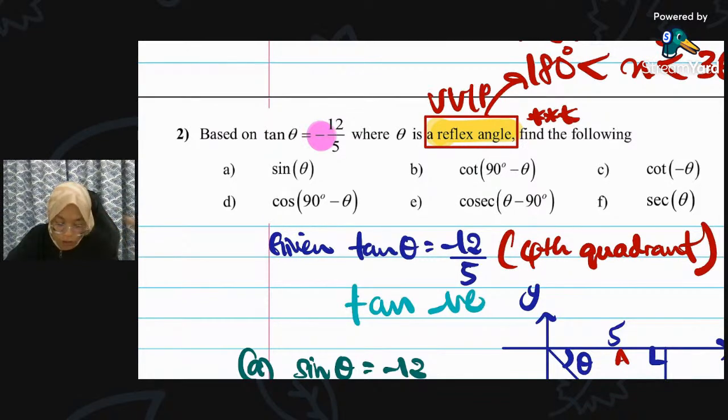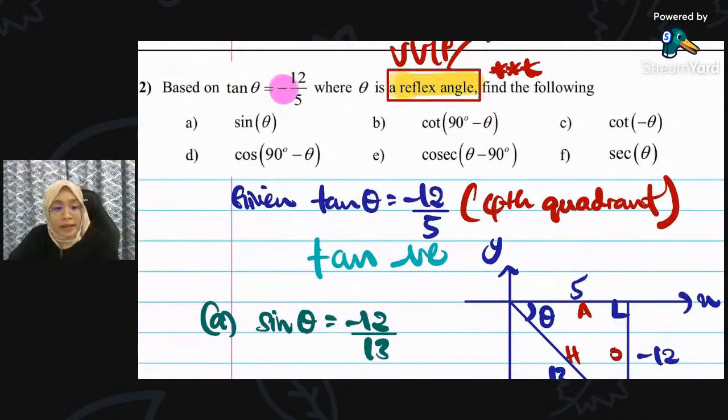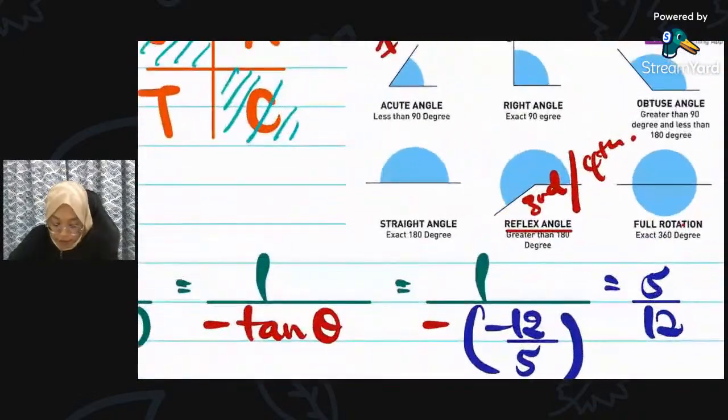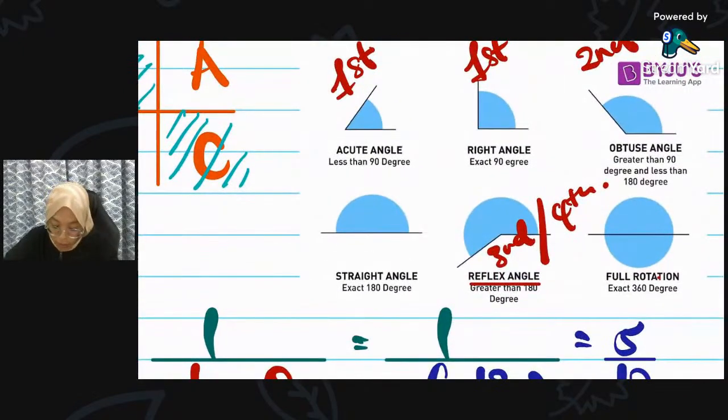So now I want to talk about reflex angle. What do you understand about reflex angle? So reflex angle adalah, here we go. This is where the reflex angle, it should be greater than 180 degree. So this is where you must understand it.